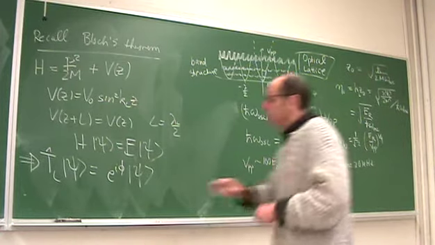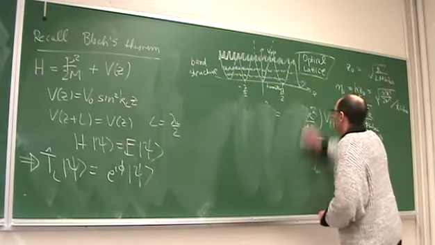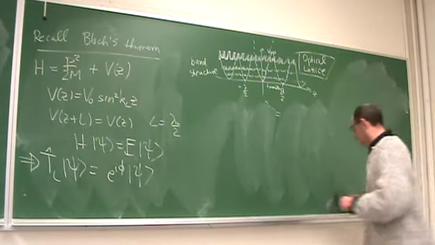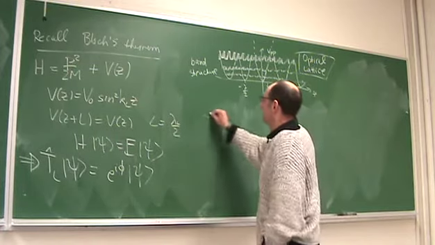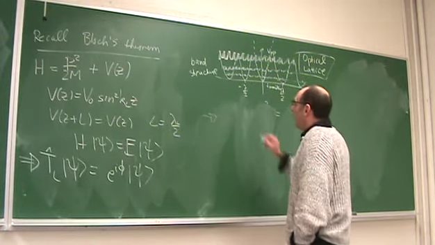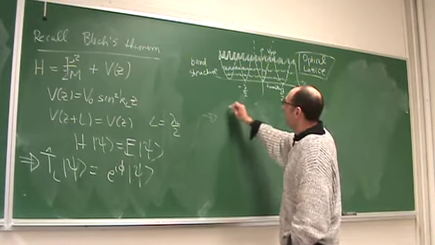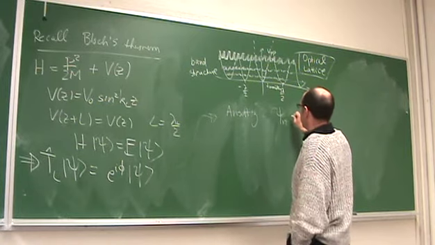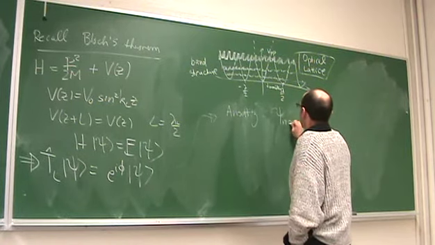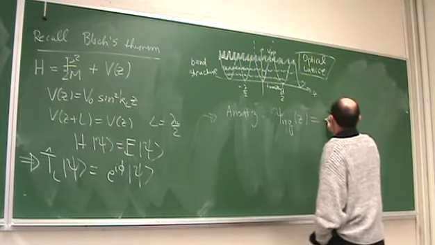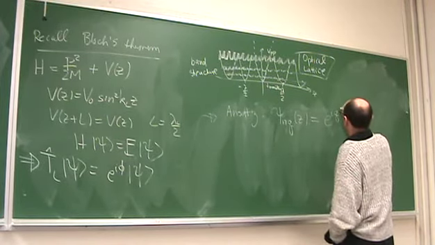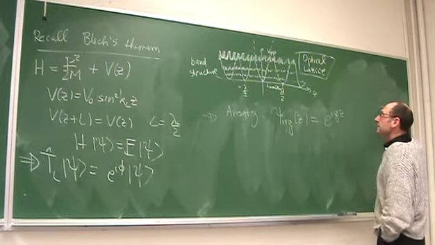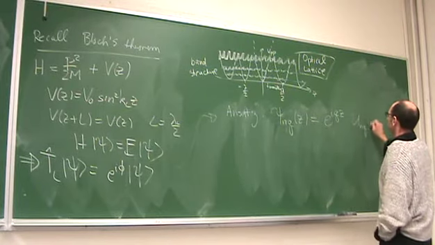So, from Bloch's theorem, that tells us that I can write an ansatz for the wave function, now thought of in position space, having factored out a part that gives a constant phase for a translation and a periodic function.